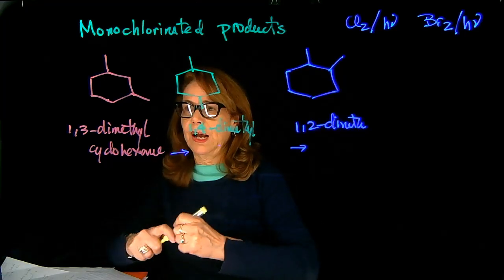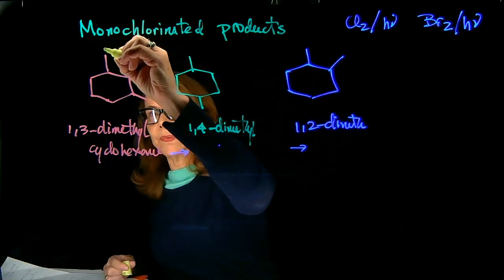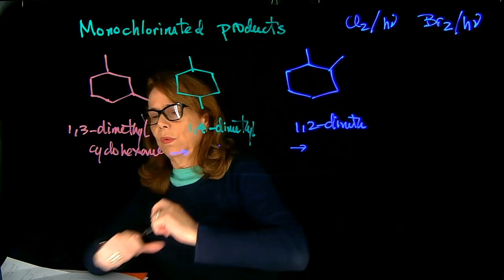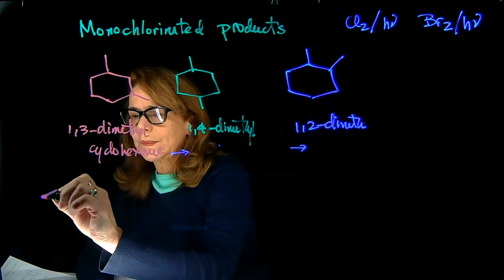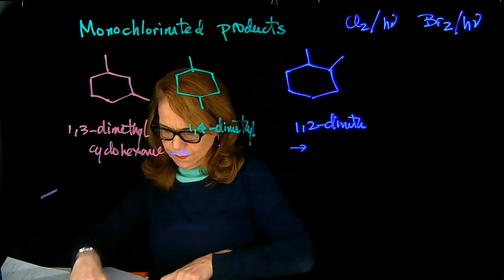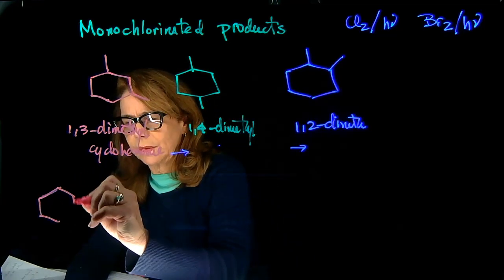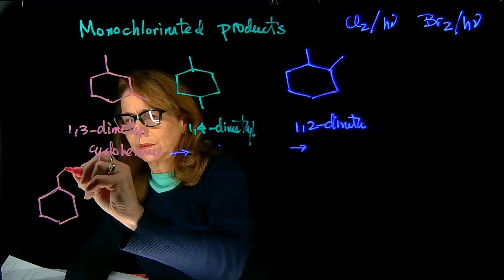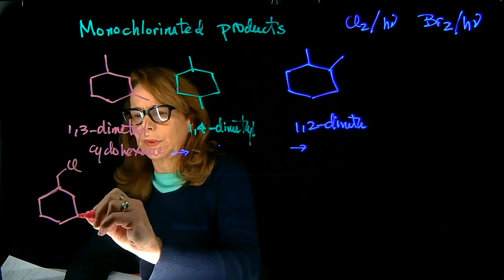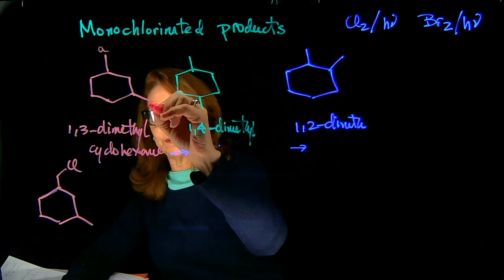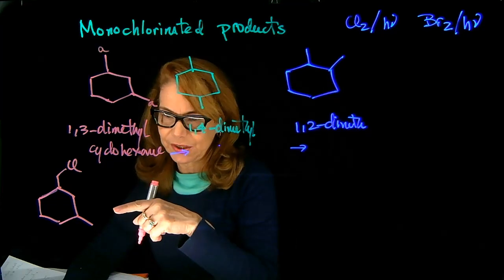So first, notice that if I make a substitution, let's do it one by one, on one of the methyls, that is, I replace one of the hydrogens in the methyl by a chlorine, I have one of the products. Of course, this is going to be identical to the product that I get by removing one of the H's here.